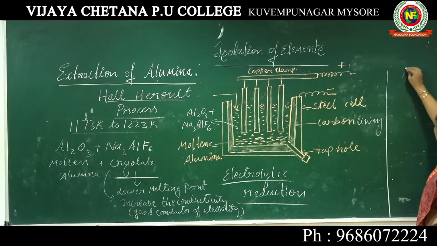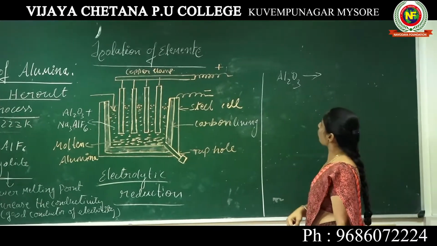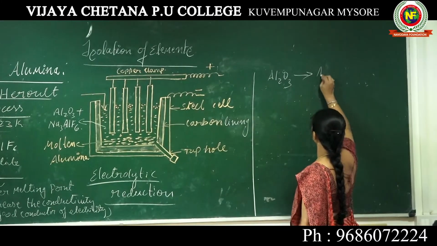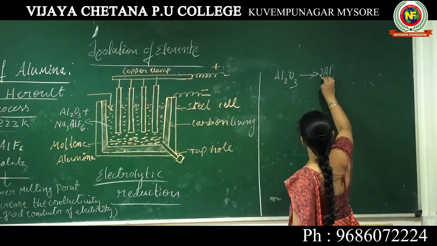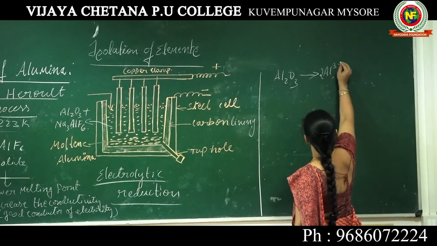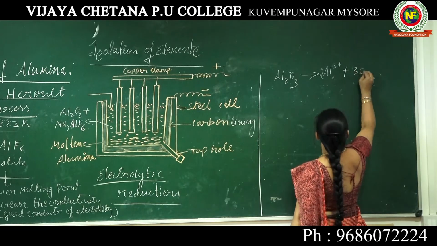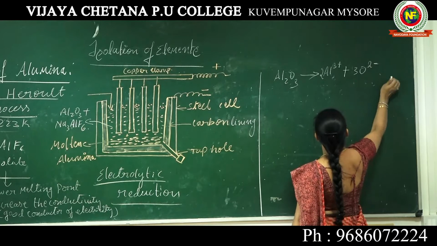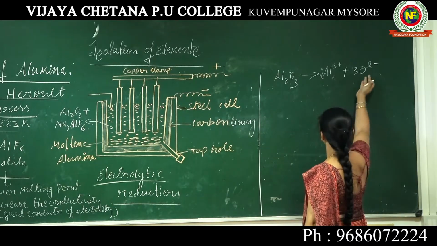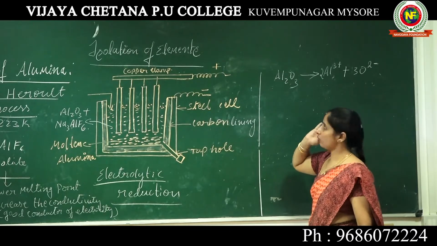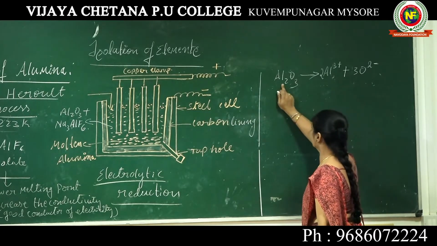Here this Al2O3 decomposes to form 2Al3+ plus 3O2-. Got it? Yes, this is the overall decomposition process.